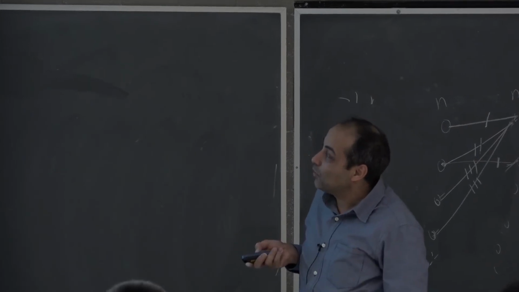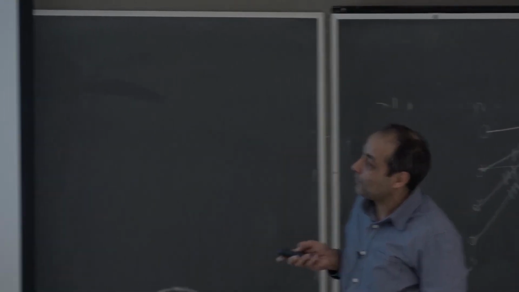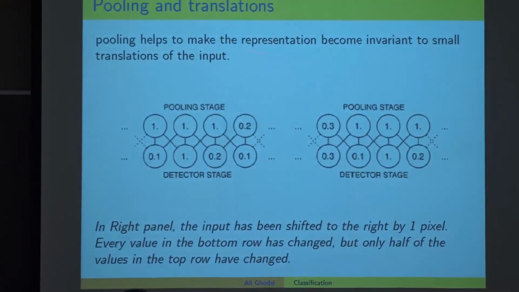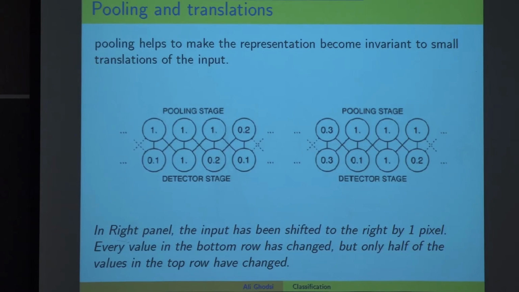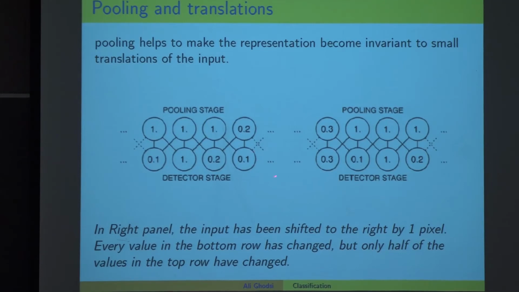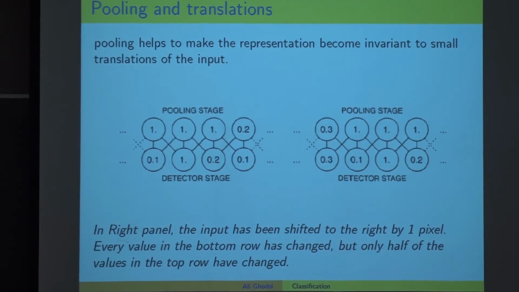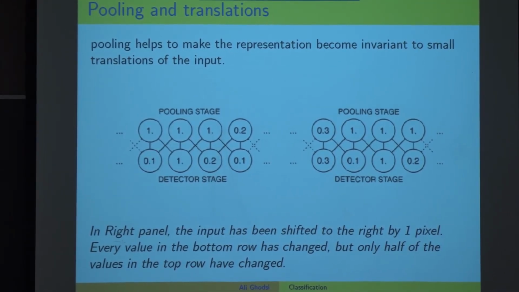One important and interesting thing that you can also appreciate about pooling is that pooling makes your features resistant toward translation. Compare these two, and suppose that I had a small translation. This is my detector stage. I translate everything by 1 unit. This becomes 0.1, this becomes 1, and this becomes 0.2, so everything has been translated. Now look at the pooling stage.